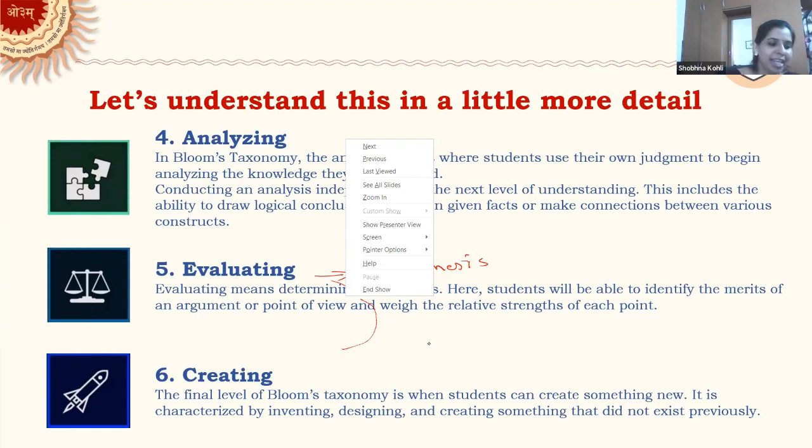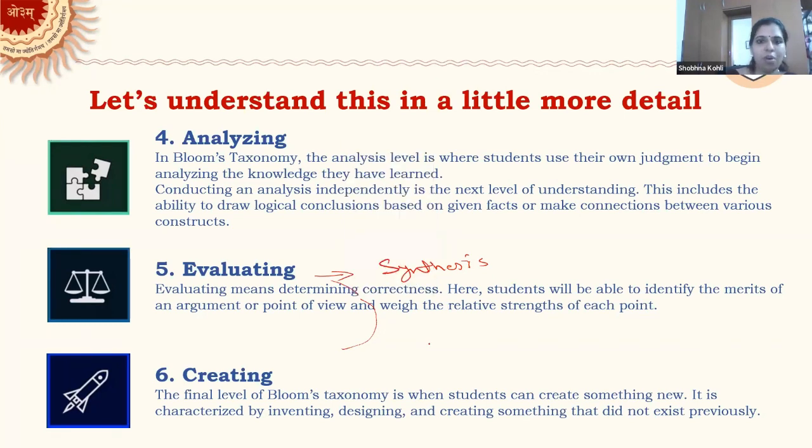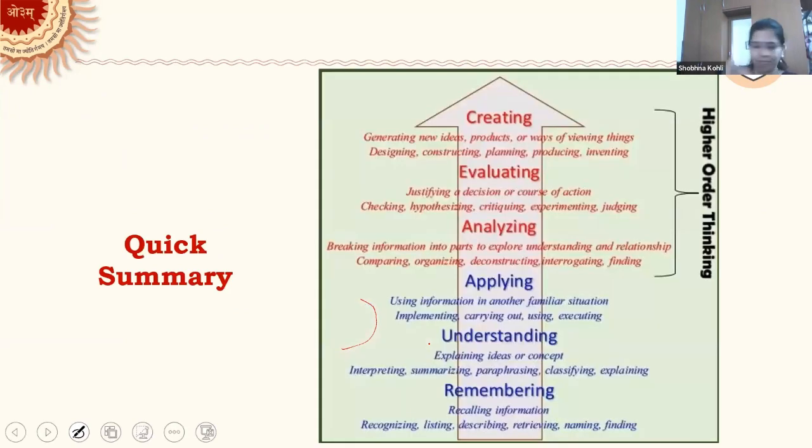Now let's quickly summarize all the levels we have learned till now using one small diagram. We have learned about remembering, which is recalling information. Understanding is explaining ideas or concepts. Applying is using information in another familiar situation, whatever day-to-day situation they are facing.